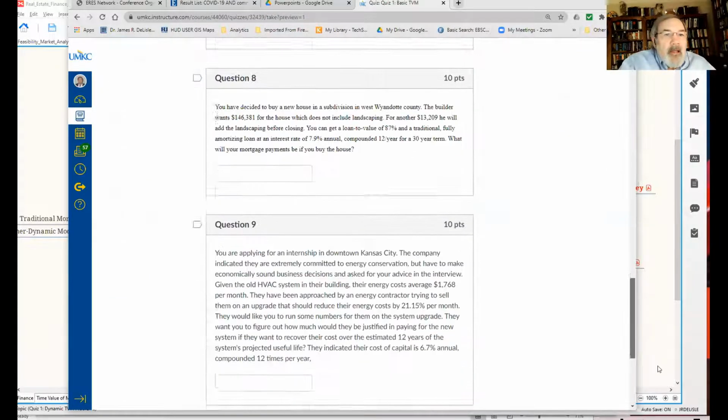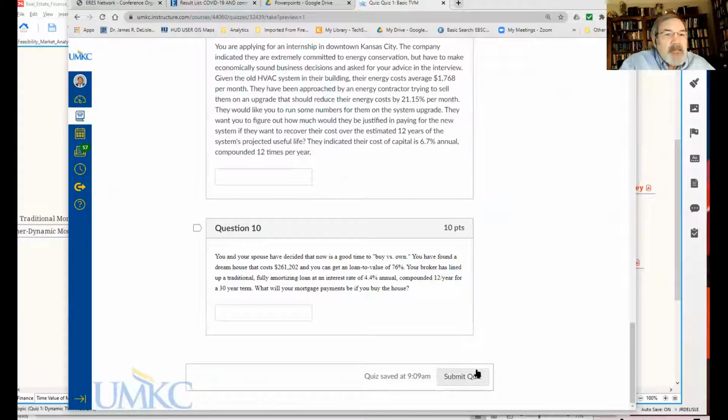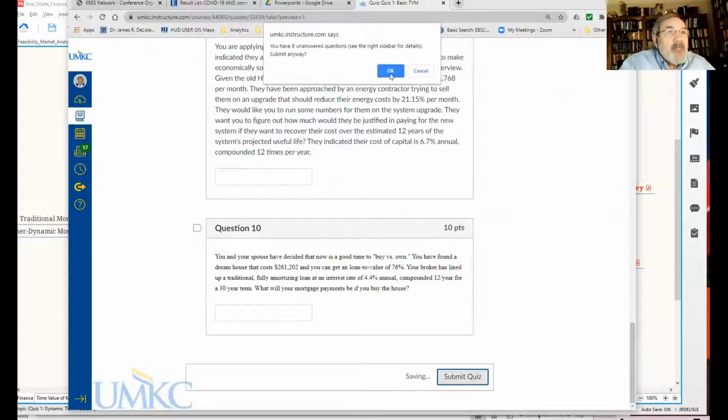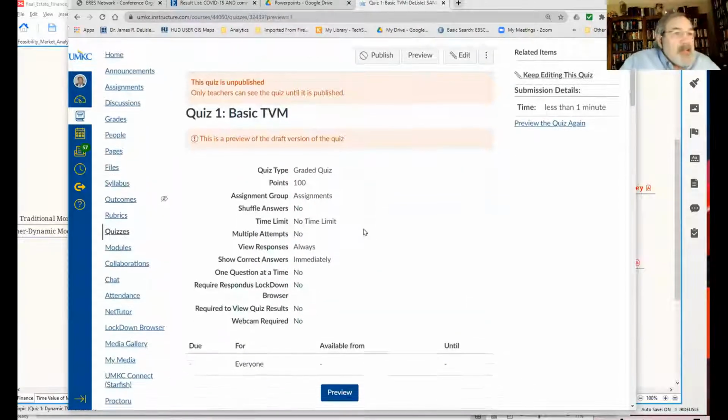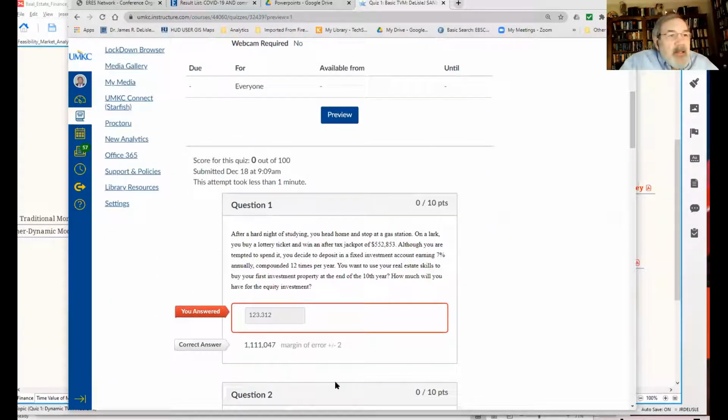Then I submit the quiz. I did answer a couple of them. What it does is give them the answer that they gave and the correct answer. Now they can reverse engineer it, go to a module where there's a hint on what they could learn. But the next time they take it, there's a whole new set of input numbers that they're working through.